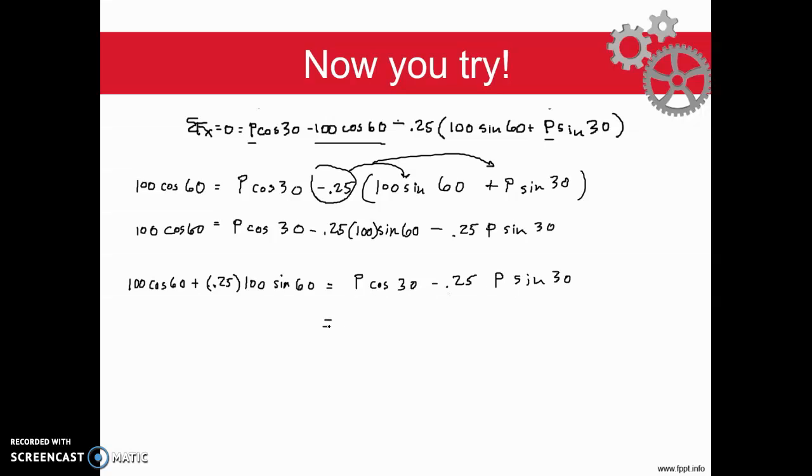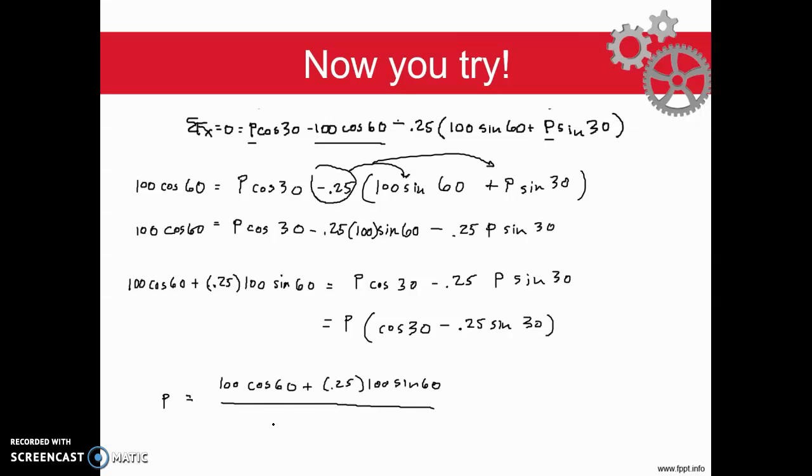I can factor out P, so this now becomes P times the quantity cosine of 30 minus 0.25 sine of 30. And so finally, P is going to equal 100 cosine of 60 plus 0.25 times 100 sine of 60, divided by cosine of 30 minus 0.25 sine of 30.